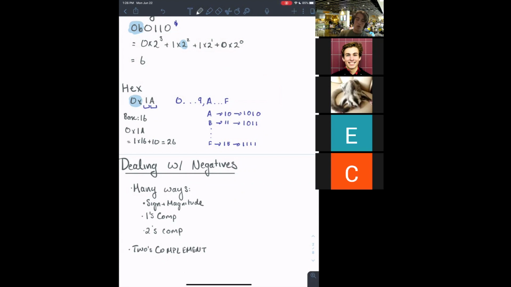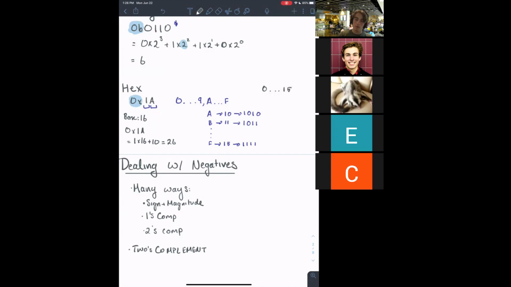So 1 in hex, or A, each of these is at most 15. There are 16 possible values that a hexadecimal place can take on, from 0 to 15.